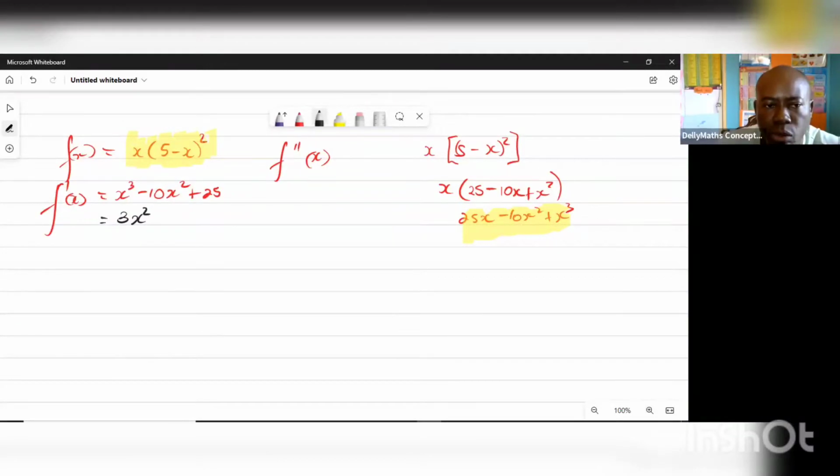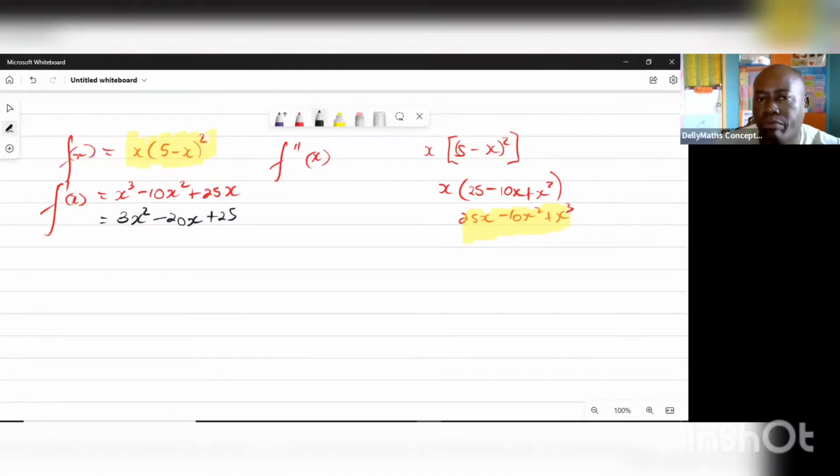Then we're going to have 2 times negative 10, that's going to give us negative 20, and then that is x. And then that 25x becomes 25 right there. So that's taking that first derivative.